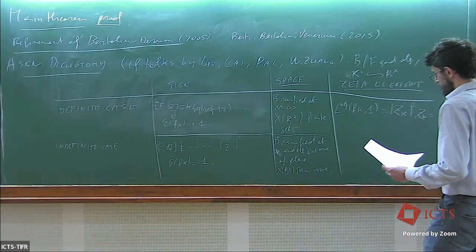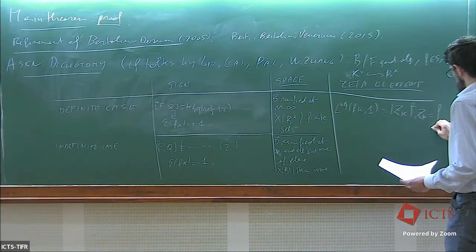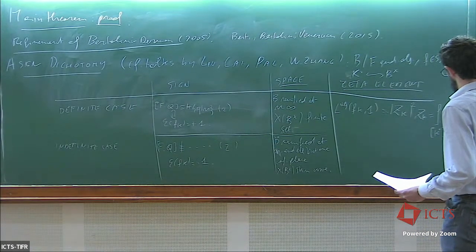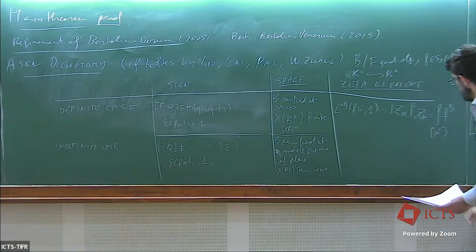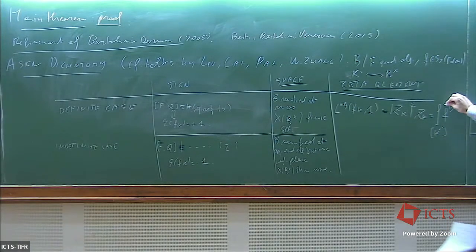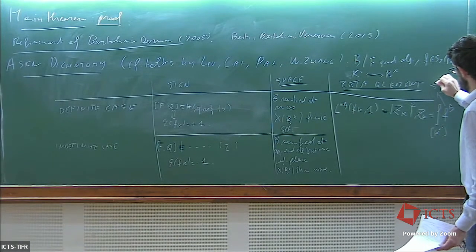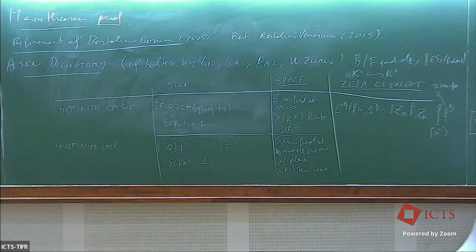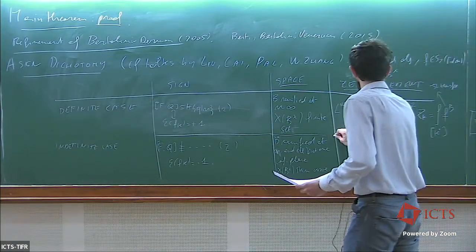In Wei Zhang's notation, this is the integral over k star of something I call FB, where FB is the Jacquet-Langlands transfer of F to B. And this actually means just a finite sum of values of FB over Cn points inside B star induced by this embedding. Okay, so that's the first formula.